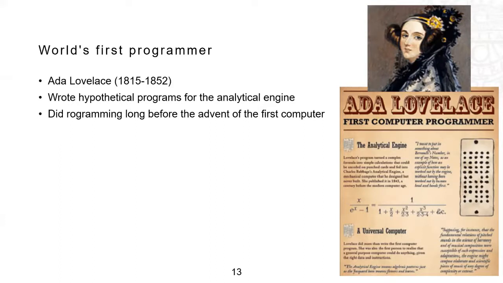She did programming long before the advent of the first computer. This is very remarkable. She did programming already in 1852. We will talk a lot about programming in this lecture, but it is very interesting to see that she did programming and used variables, instructions, etc. in her programs, although there was no computer at the time.